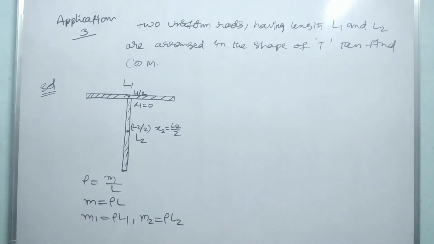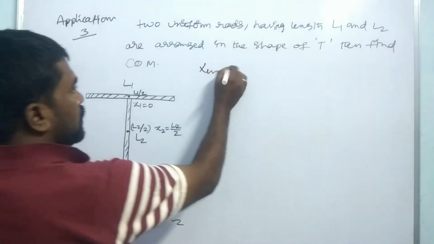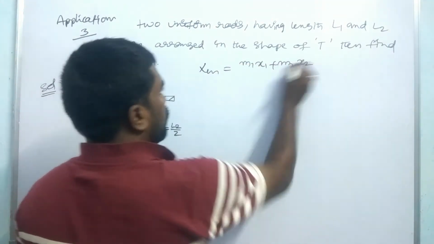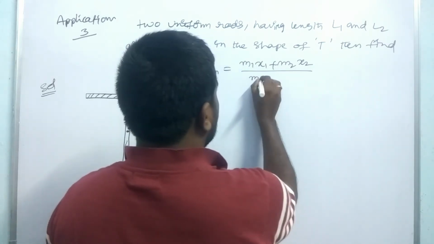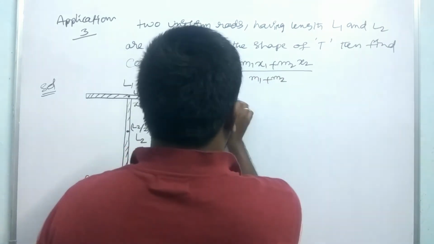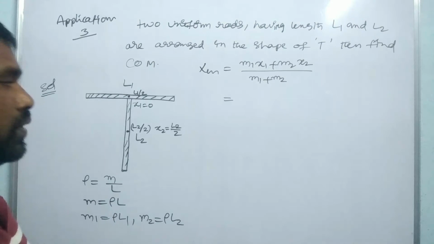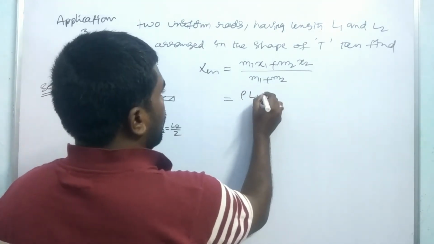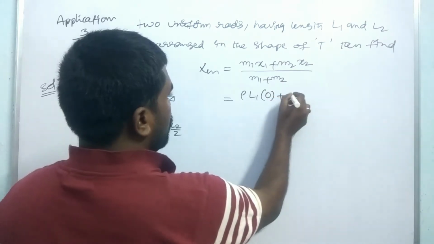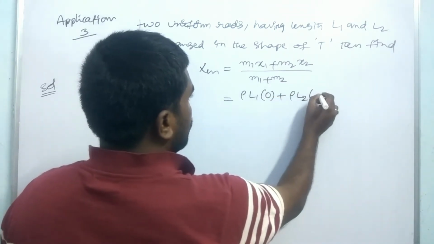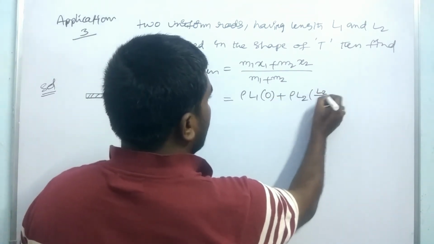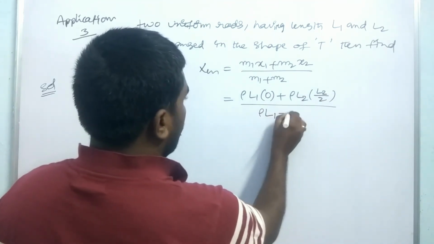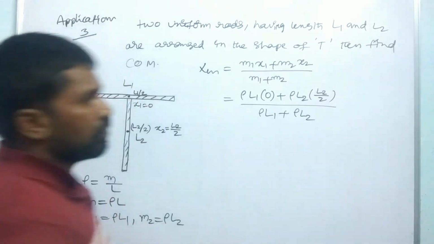So let us find xcm, equal to m1x1 plus m2x2 by m1 plus m2. Here m1 is rho L1, x1 is 0, plus m2 is rho L2, x2 is L2 by 2, by m1 plus m2, which is rho L1 plus rho L2. Let us simplify.